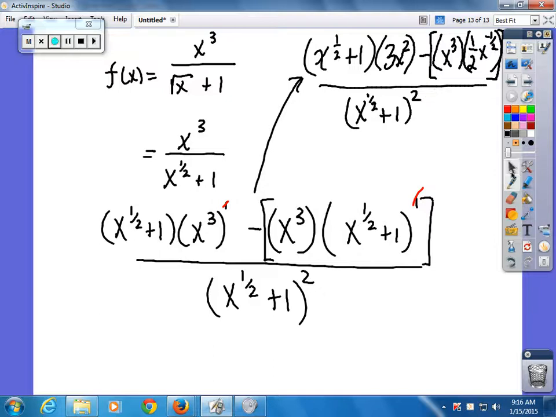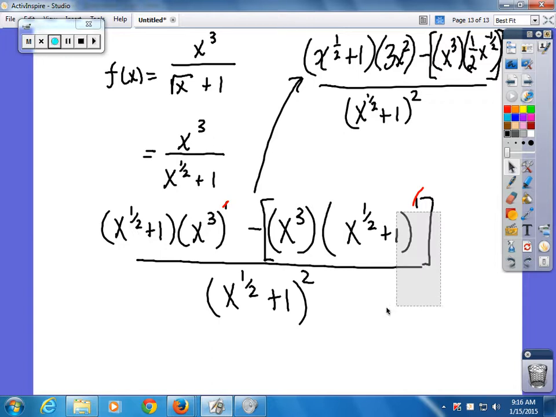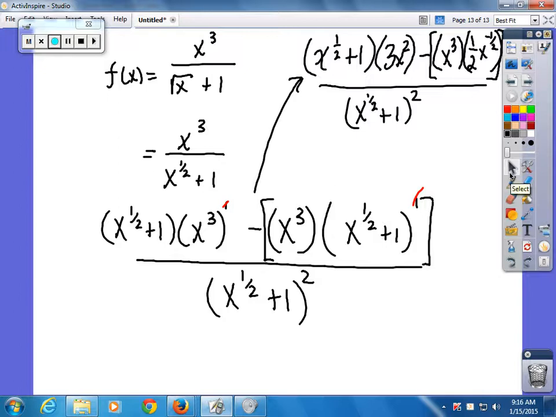So anyway, that's going to be 3, let's see, x to the 2 plus 1/2 is what? 5/2, so 3x to the 5/2 plus 3x squared, in brackets, minus, and that's going to give us, I said it a while ago, x cubed over 2x to the 1/2.